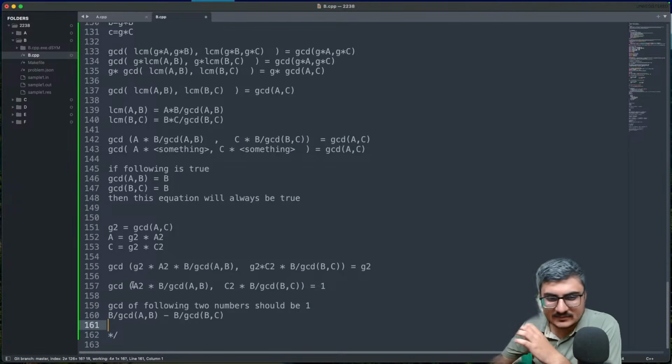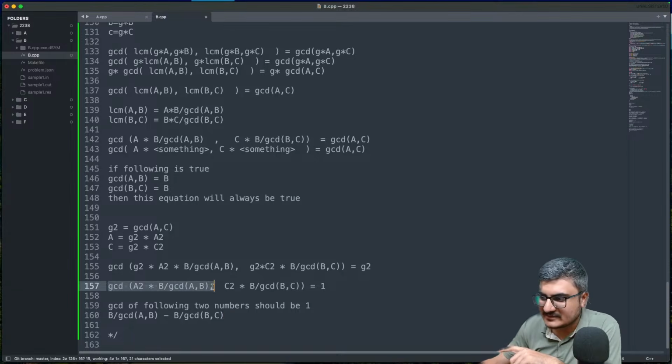Are you with me so far, or are there any questions over here? The derivation is a bit non-trivial, definitely. It's much easier to choose by making some assumptions over here, but yeah. So these two numbers are divisors of B, but their GCD should be 1.